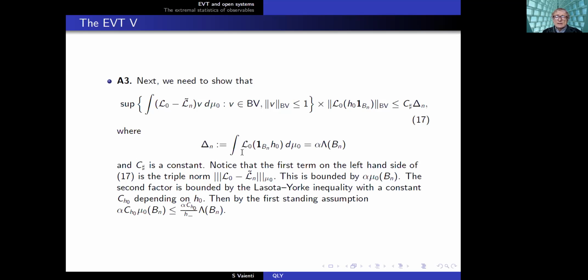Namely, if I take the average of the first perturbed operator, average over the conformal measure, this should be of the order of the invariant measure of the surviving set of the target set Bn. Okay, so basically these are technical conditions which are required by the perturbation theorem, and still one more time, if the operators are close, it's not difficult to prove that all these inequalities follow in our setting.